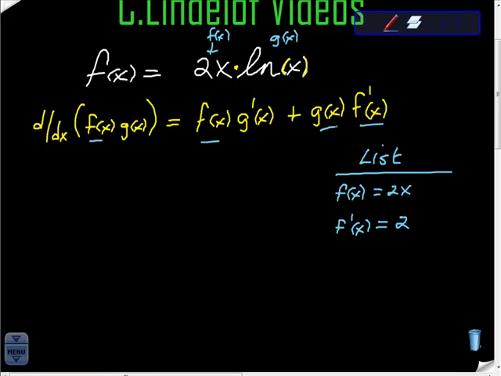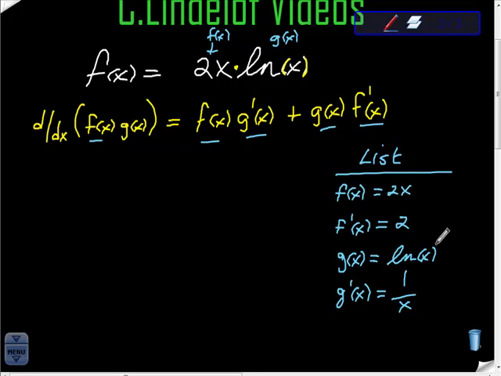And then I need a g of x and a g prime of x. Looking at the original function, g of x is ln x. And what's the first derivative of ln x? It is 1 over x.